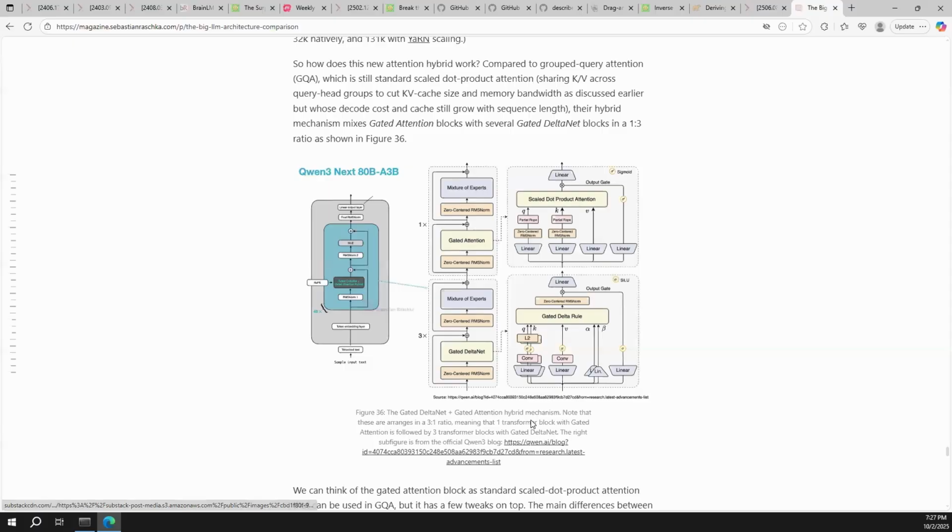So the way I'm going to read this then is that if the model has 48 layers, then it has 3 cheap ones, 1 full attention, 3 cheap, 1 full, and 48 of these total. So the first 3 layers are delta layers. The 4th layer is a full regular attention. Well, not a layer, but a gated attention layer.